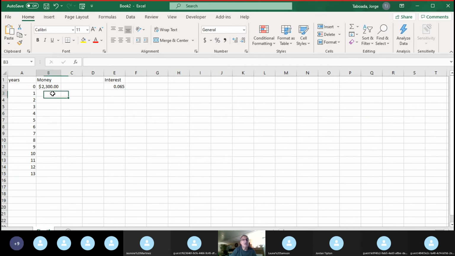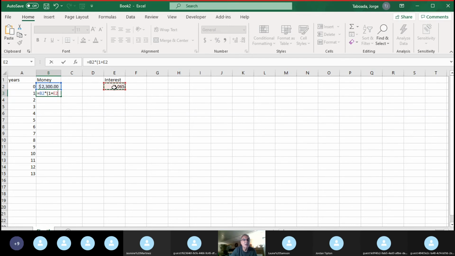Now let me try to compute the money that we have in year number 1. Well, you open the equal sign, like a calculator in a different cell of the Excel. You click here, get the present value, multiplication, open parentheses, and you put 1 plus r. This is r, the interest rate.